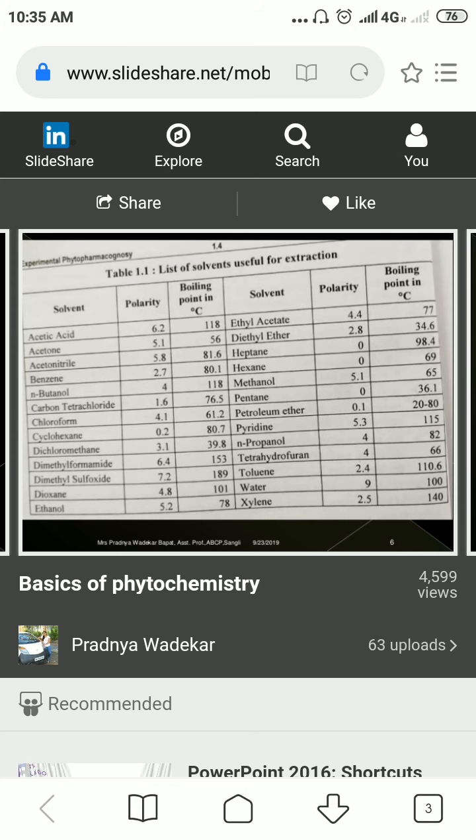And this is the main chart for the polarity of solvents. According to polarity, or according to the nature of the phytoconstituent, we can select a suitable solvent, because like dissolves like.